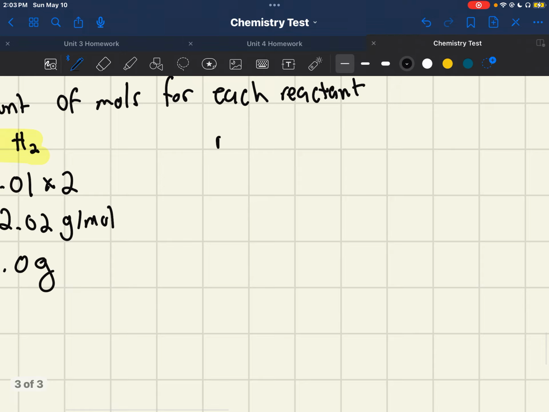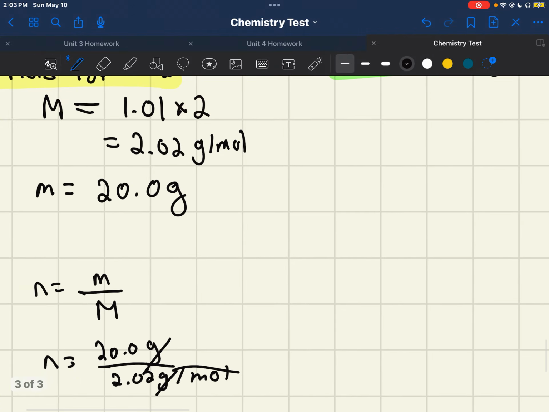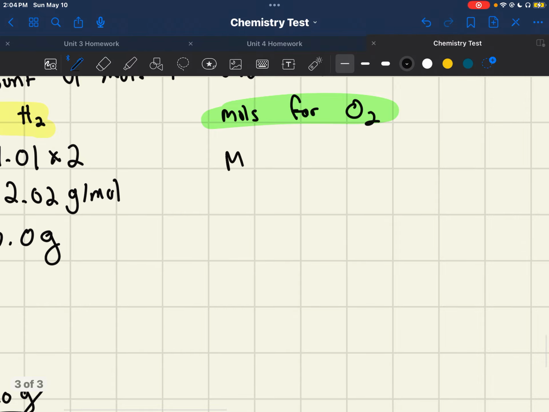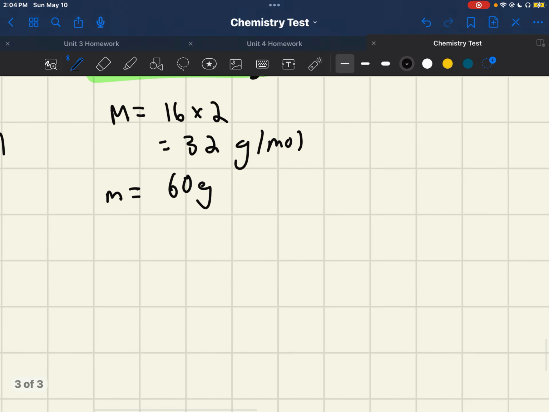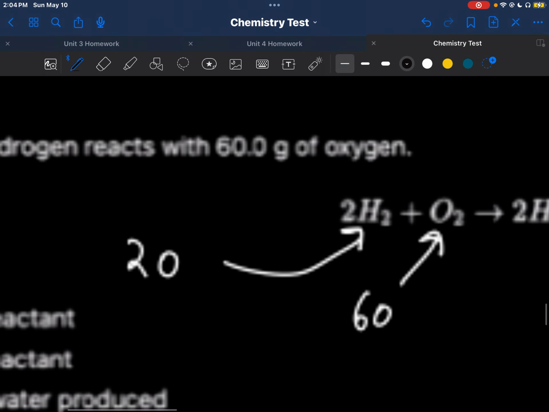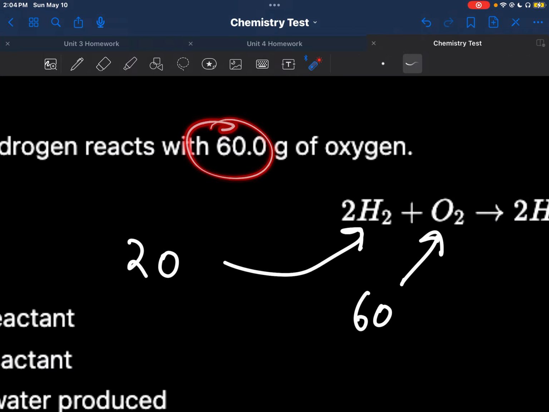Okay, next up, we're going to find the moles for oxygen. Again, we're going to first find our molar mass for oxygen, which is just going to be 16 multiplied by 2, right? Because 16 is the molar mass of one singular oxygen. And that gives us 32 grams per mole. And then our lowercase m is just going to be 60 grams because the question has specified 60 grams of oxygen.